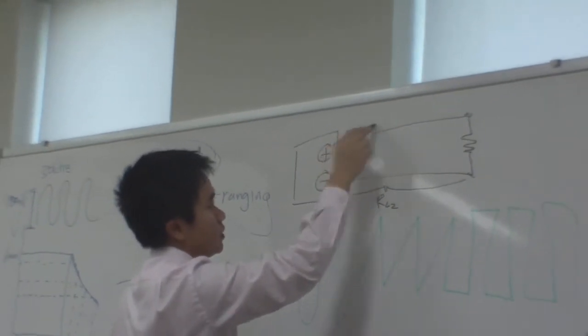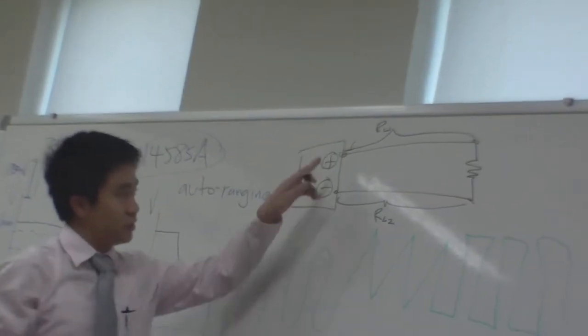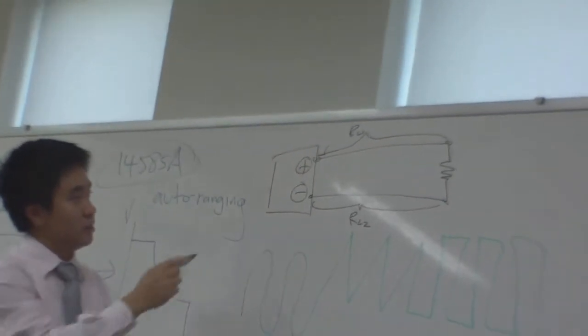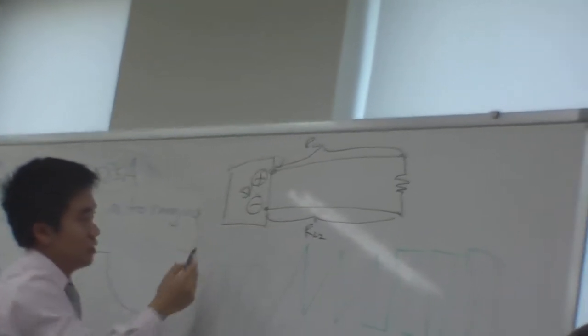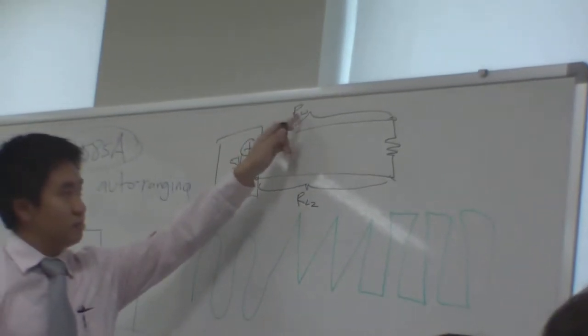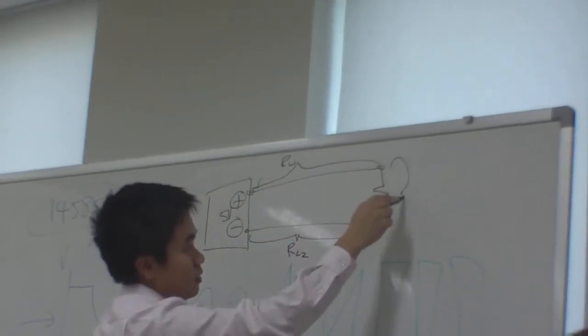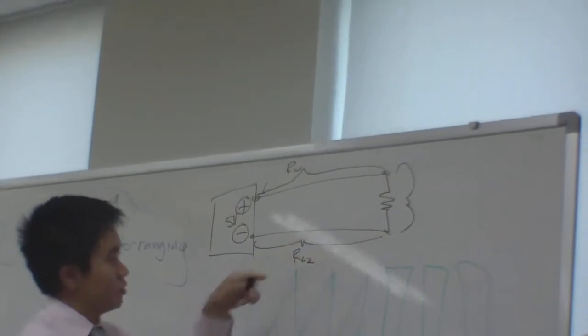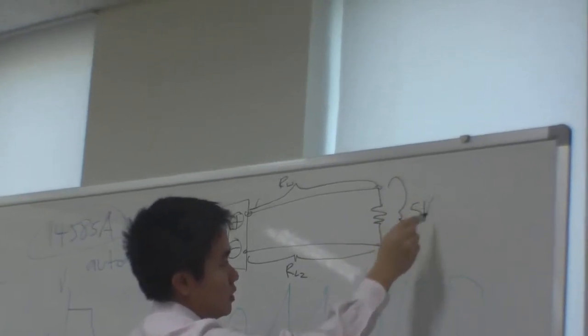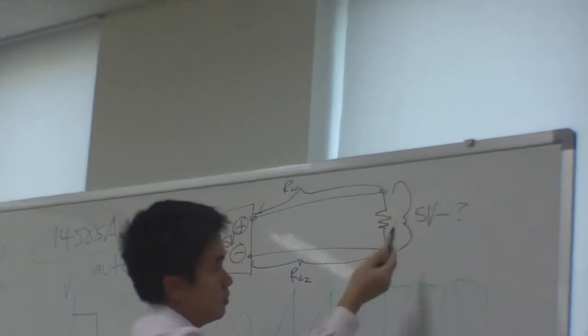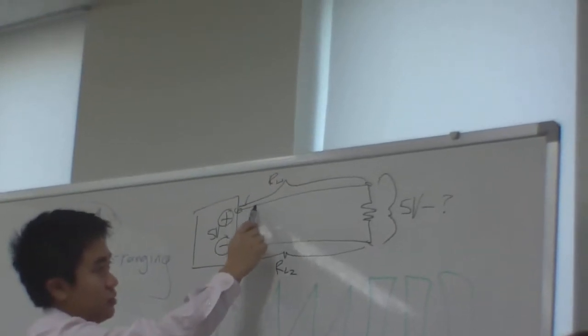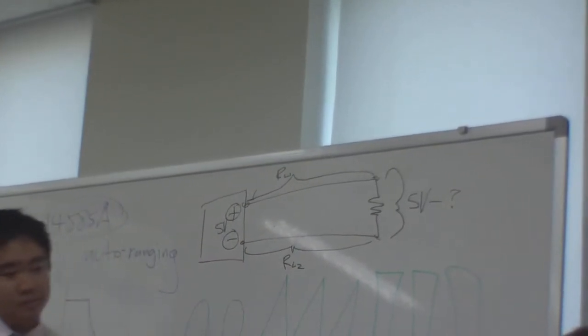So if you program 5 volts over here, and there's some sort of resistance here, what you get across here is going to be 5 volts minus some number, because there's a drop here and a drop here, right?